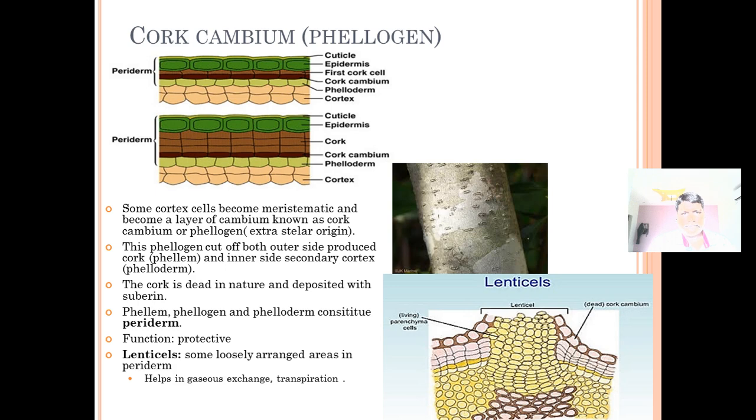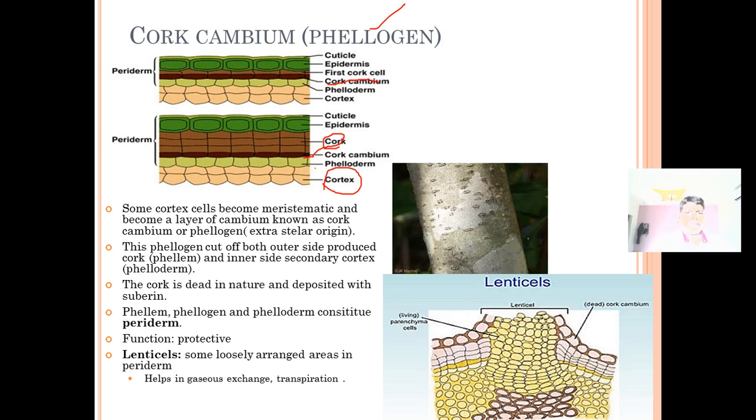These meristem cells we call cork cambium, otherwise called phellogen. The phellogen cuts outward and inward. If it cuts outward, we call it cork or phellem. If it cuts inward, we call it secondary cortex.